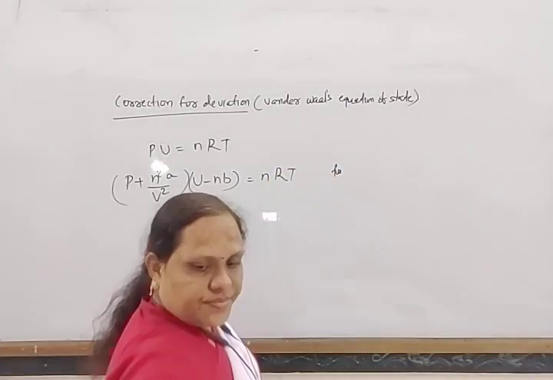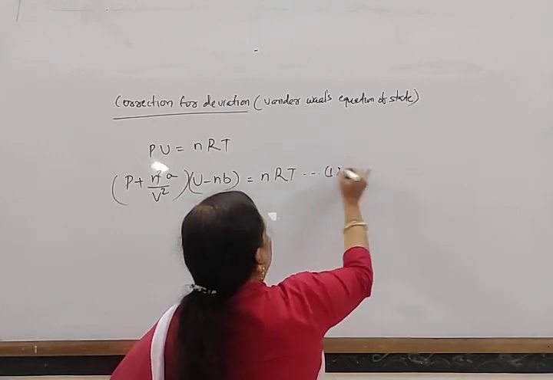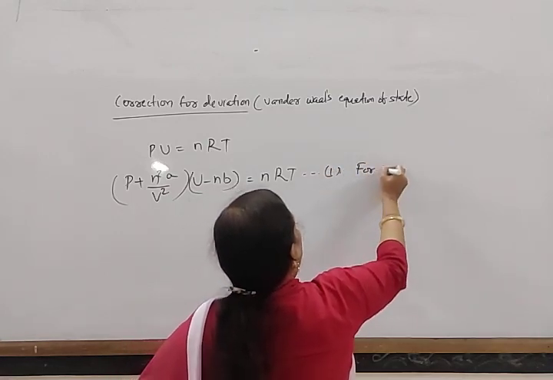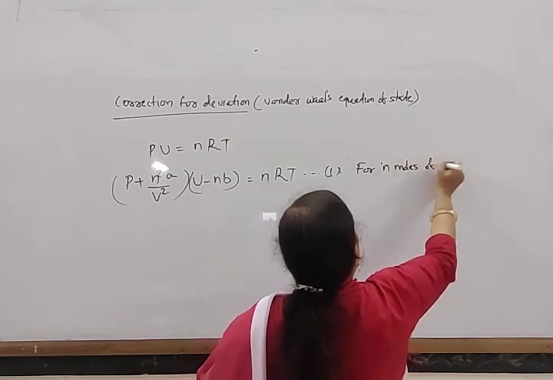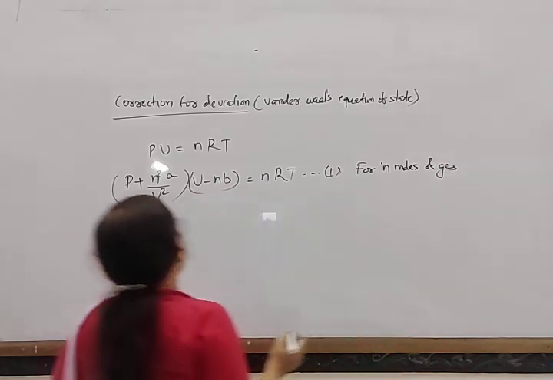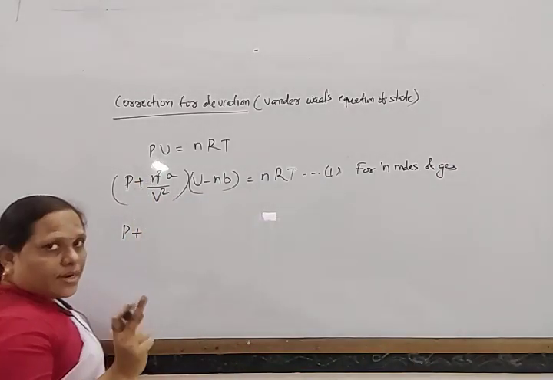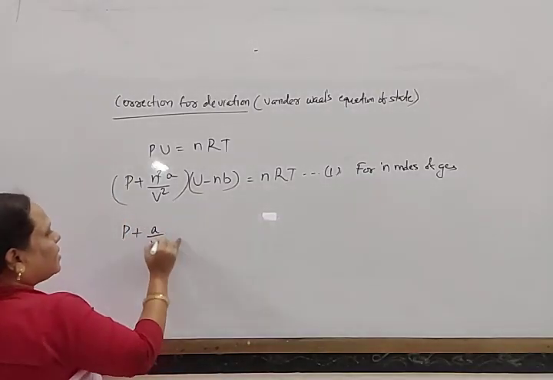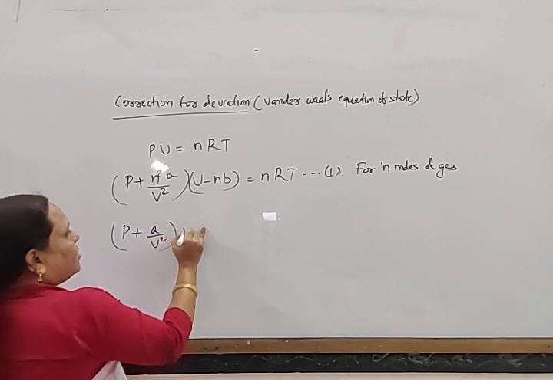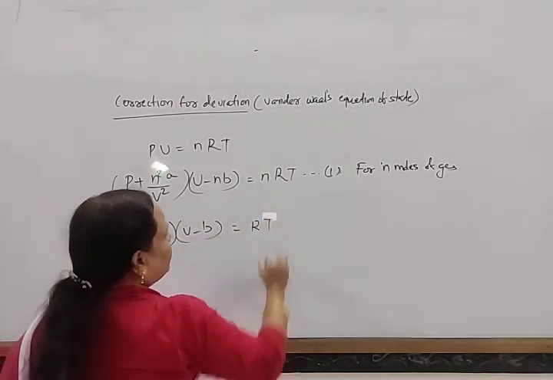That is equation 1, for n moles of gas. And when n is equal to 1, (P plus a by V square) into (V minus b) is equal to RT.